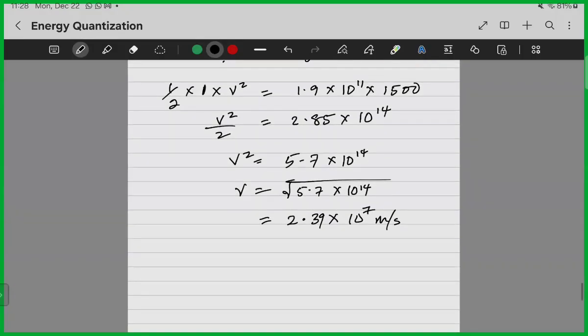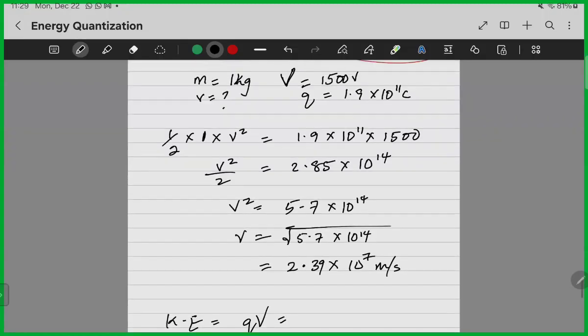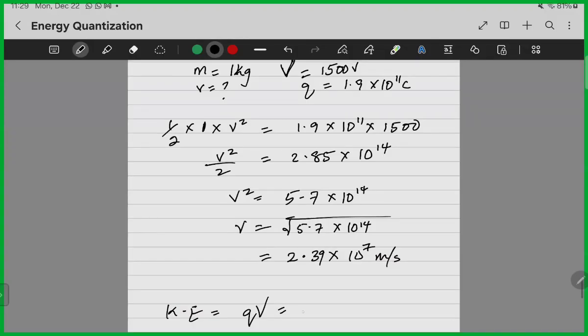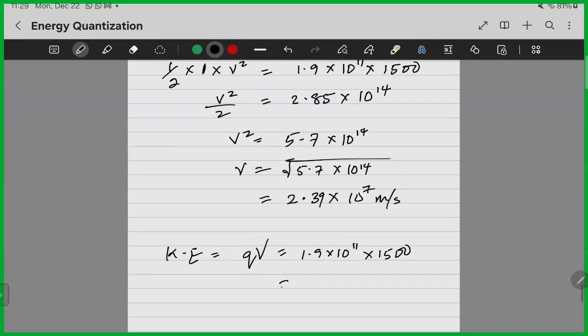So having established that, we can now find kinetic energy simply as half mv squared, or we just use QV. So we know that V is 1500 and Q is 1.9 times 10 raised by 11 times 1,500. That's already 2.85.